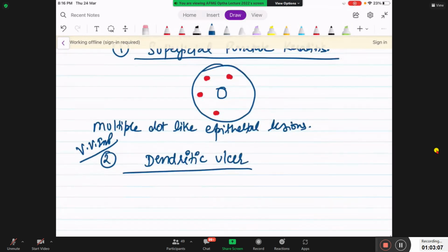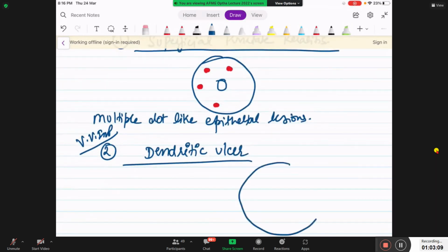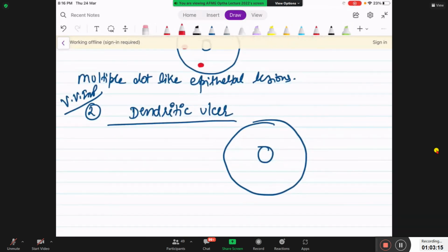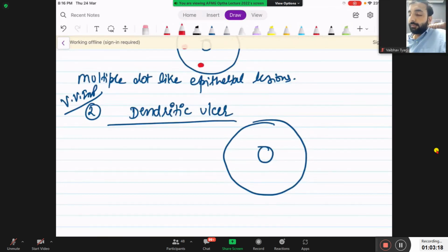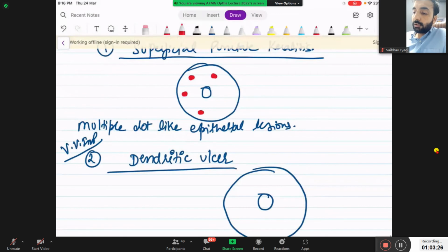Dendritic ulcer. So how does the picture look like, this is the cornea, suppose. If an ulcer patient comes to your OPD and you examine the patient on slit lamp, can you tell me how you will examine the patient of the ulcer? How you will see these multiple dots?